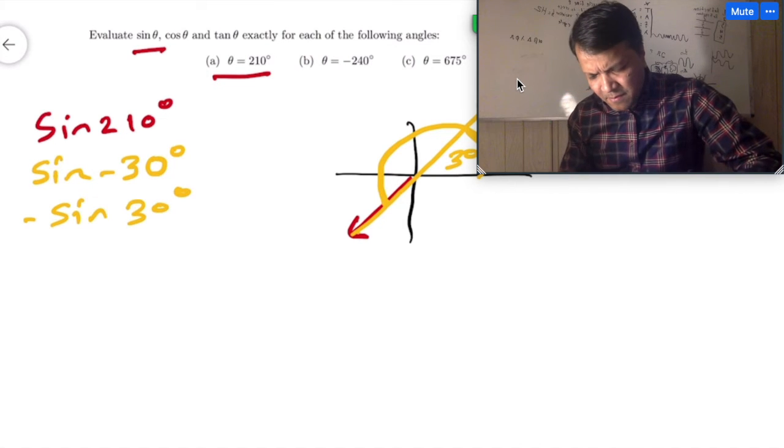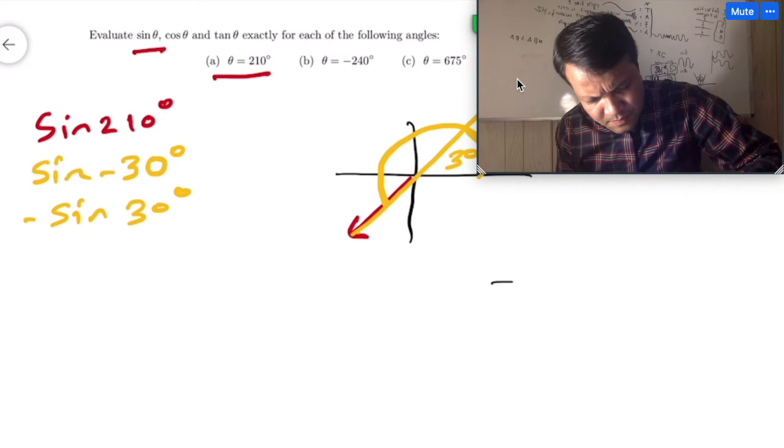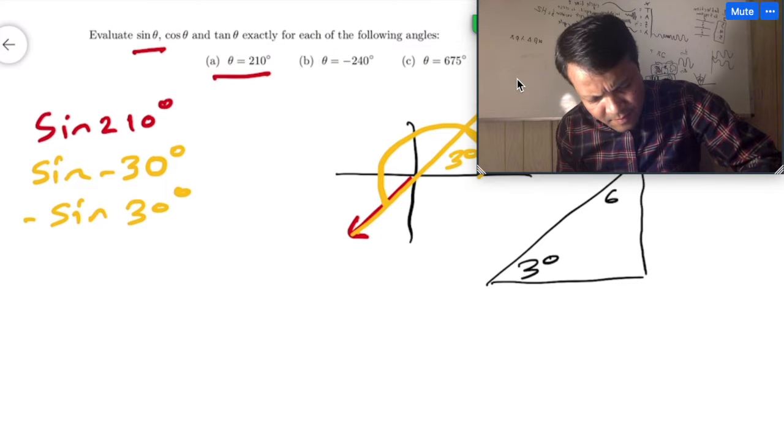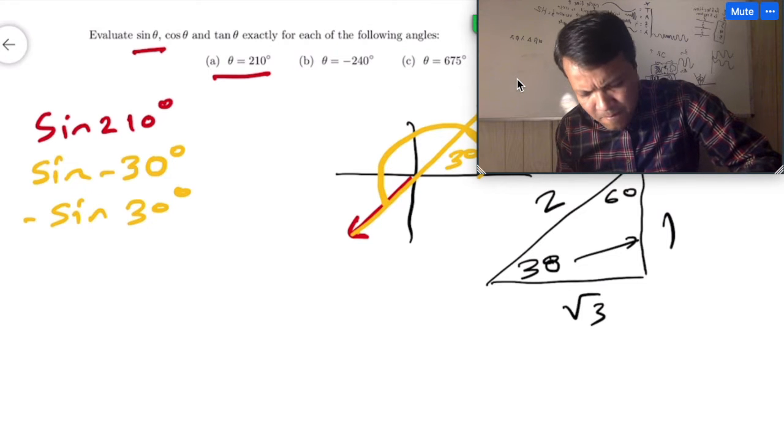What does that mean? That means if you have a 30, 60, 90 triangle, then this is 1, this is square root of 3, and this is 2.